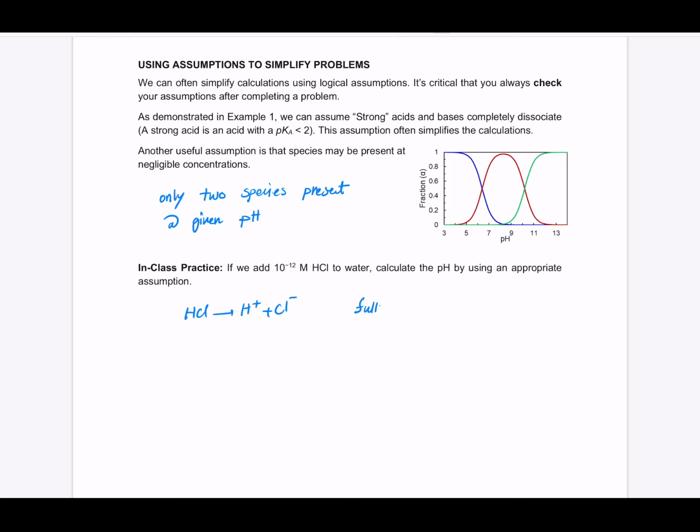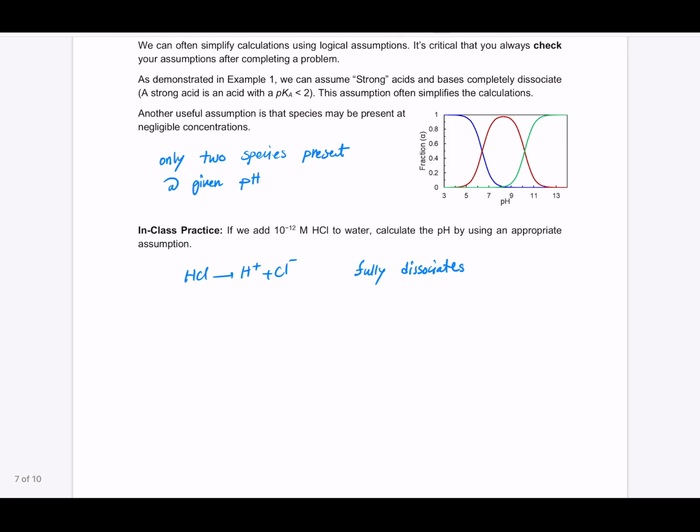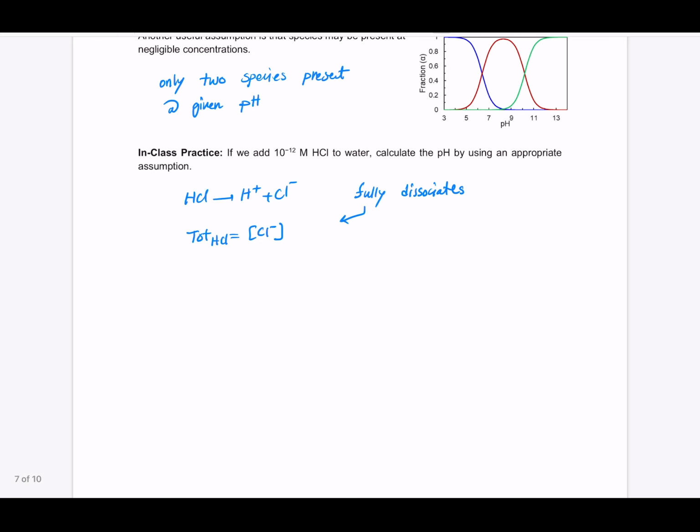Basically, it fully dissociates. We know total HCl is equal to Cl minus. So that's basically the assumption. And then the rest would be doing a charge balance. The charge balance is telling us H plus is equal to OH minus plus Cl minus.